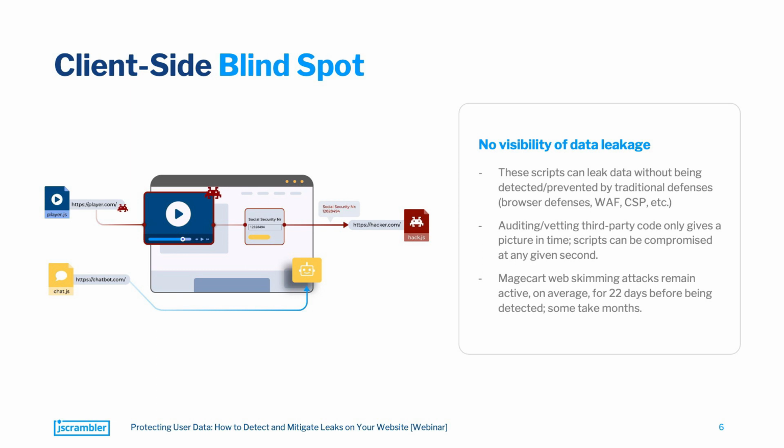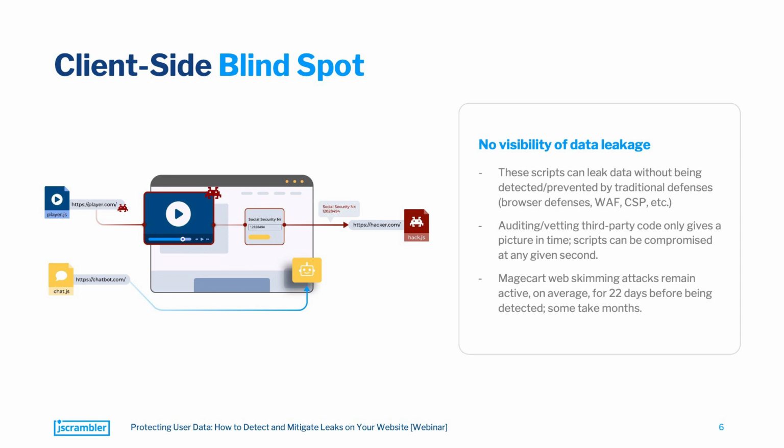One other argument I've seen thrown around a lot, especially after this new executive order from the White House on improving cybersecurity, is vetting third-party code, doing code reviews of third-party code. And while code review definitely has a role to play in third-party risk management as a strategy, it's definitely not the definitive answer to this specific problem.